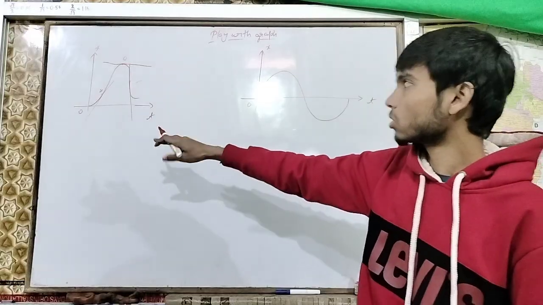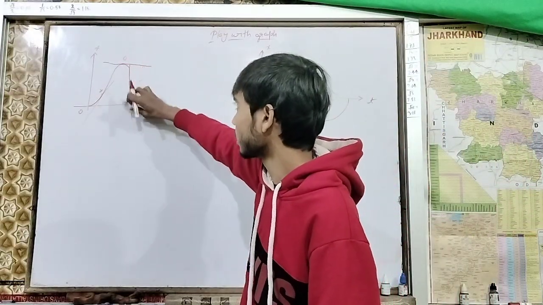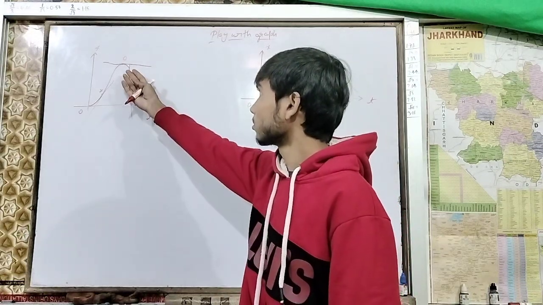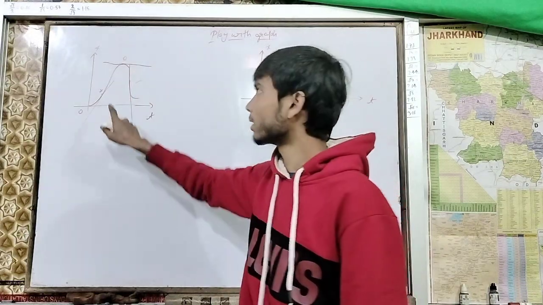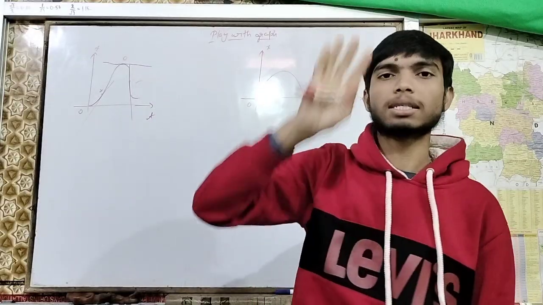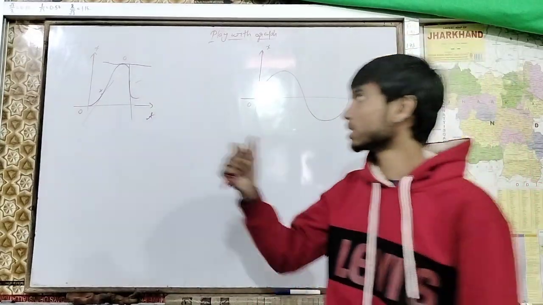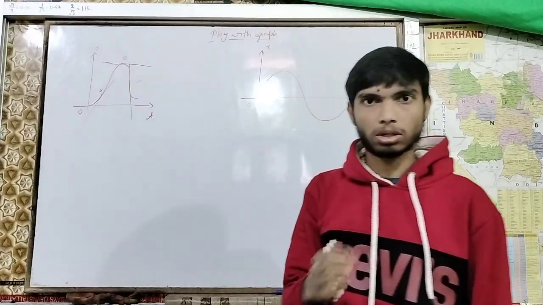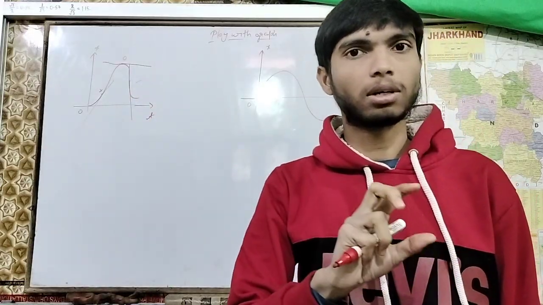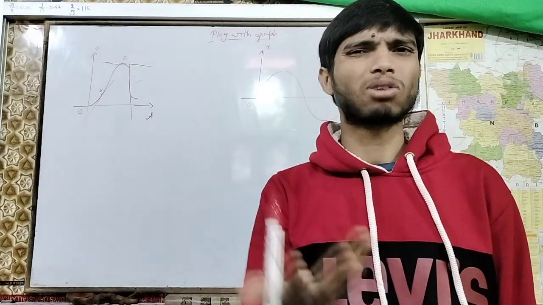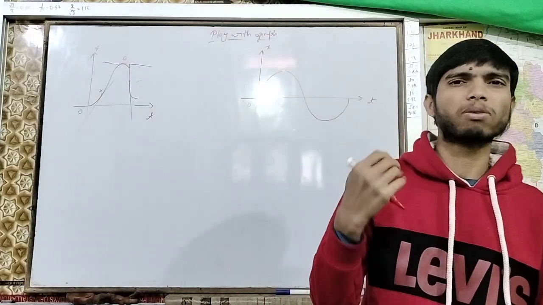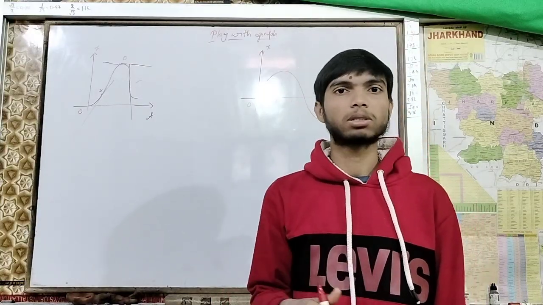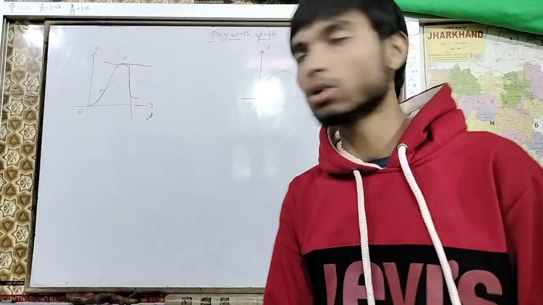So this is increasing, this is decreasing, and here velocity will be 0. If the speed of a vehicle is increasing, our slope is positive. If the speed of a vehicle is decreasing, our slope is negative. If a vehicle is not moving, velocity will be 0.